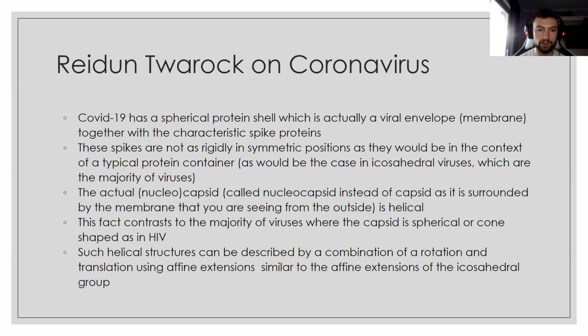The actual nucleocapsid, called nucleocapsid instead of capsid as it is surrounded by the membrane that you are seeing from the outside, is helical. This contrasts with the majority of viruses where the capsid is spherical or cone shaped, as in HIV. Such helical structures can be described by a combination of a rotation and translation using affine extensions, similar to the affine extensions of the icosahedral group.